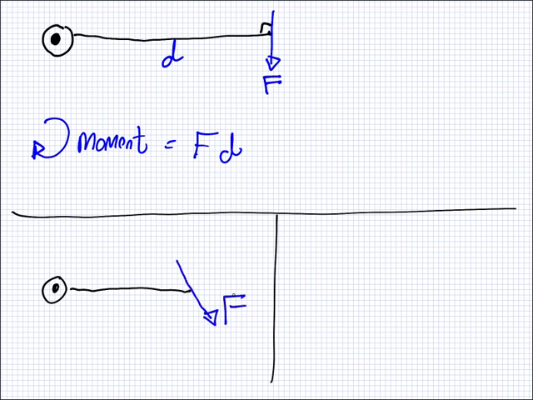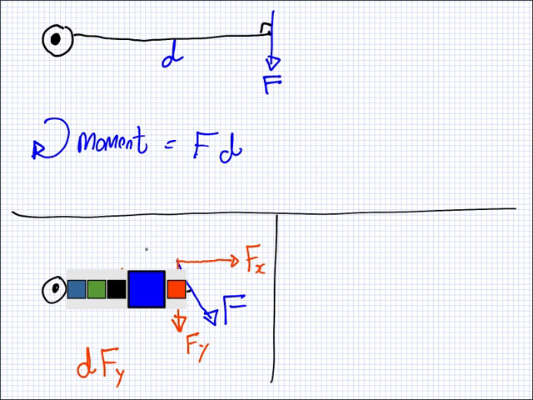There's two ways to calculate it. What you could do is resolve it this way and this way. Which do you use, do you think, Fx or Fy? Fy, good. So you could say that you have D multiplied by Fy here. But another way to calculate it is as follows.